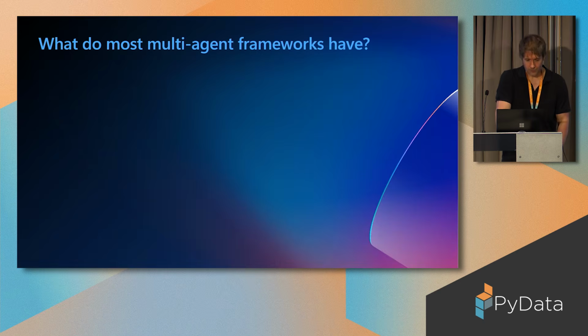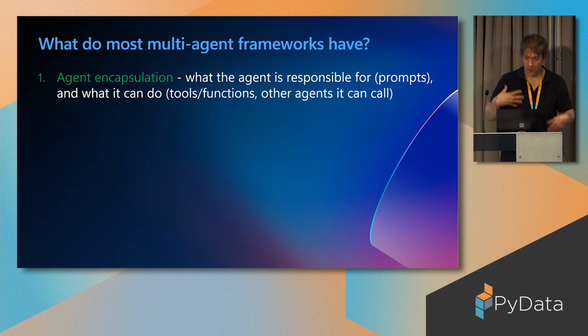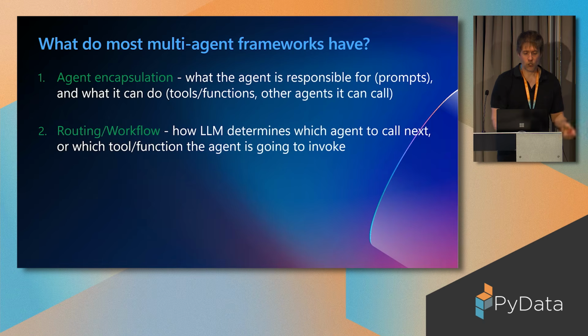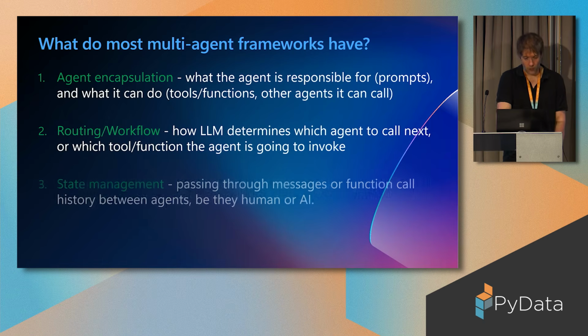What do most multi-agent frameworks have? They all have some form of agent encapsulation, from what I've seen anyway. What is the agent responsible for with prompts, what tools can it call, and what other agents can it hand off to? They all have some kind of orchestration, how the LLM determines which agent to call next, and which tool function the agent is going to invoke.